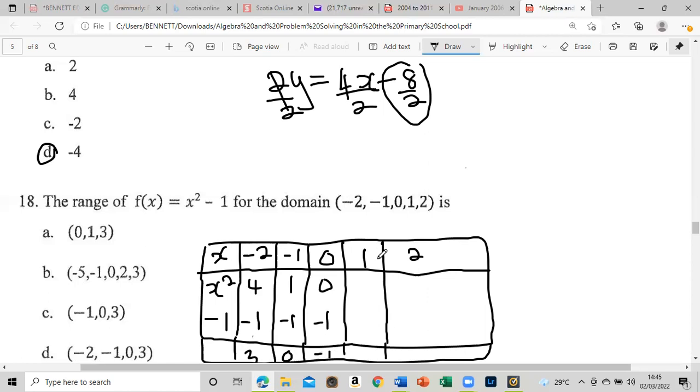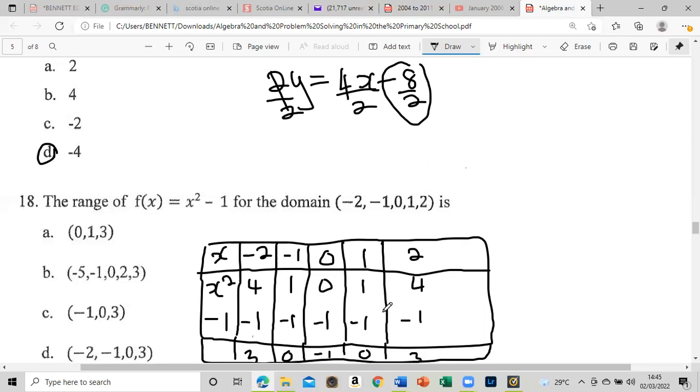And that is the y-intercept. 1 squared is 1, minus 1, same 0. And then now 2 times 2, that is 4, minus 1, and we get 3.